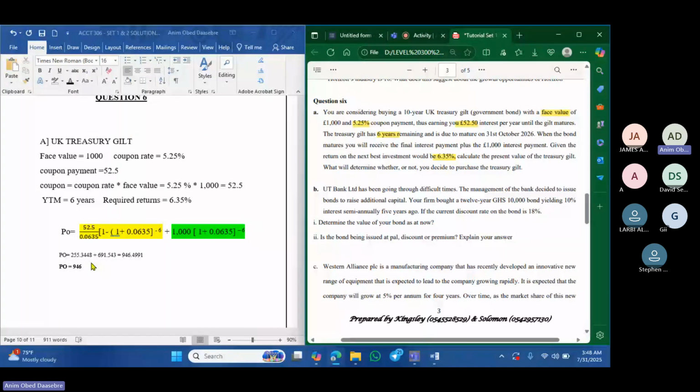Someone can use I or someone can use R, so we need to define that the I is interest, because you are discounting. So for the variables in the question and in the formula, you can choose any variable and any alphabet to represent your formulas, but you need to define the values that you are using in the formulas.